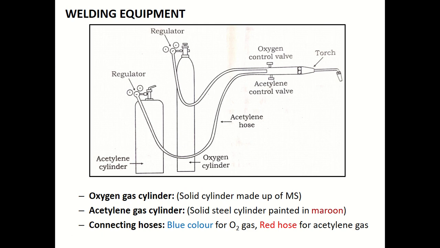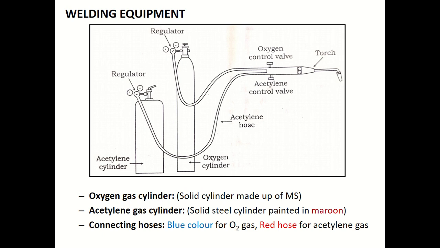What is an oxygen gas cylinder? This is an oxygen gas cylinder, a solid cylinder made of mild steel or an alloy steel. Usually the oxygen cylinders in oxyacetylene welding are painted in black color.